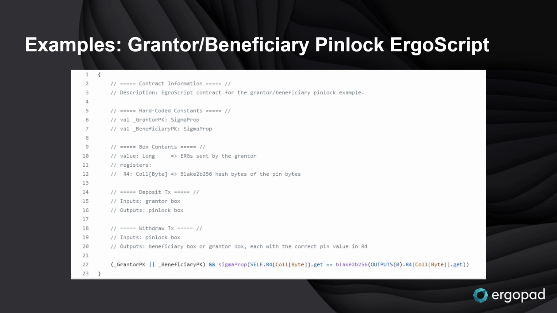So in the R4 register, we stored the hash of the pin, and in the withdrawal transaction's user public key box, even though the address is the user's public key, the registers can be custom defined, and the contract enforces that R4 of that box must be the hash of the pin. So if the user who creates this transaction creates an output box with the correct pin, then they can spend the Pinlock box.